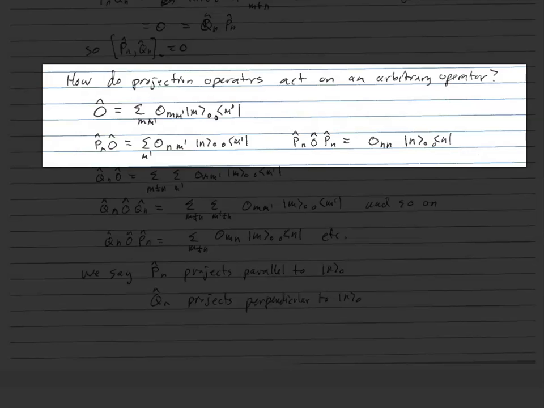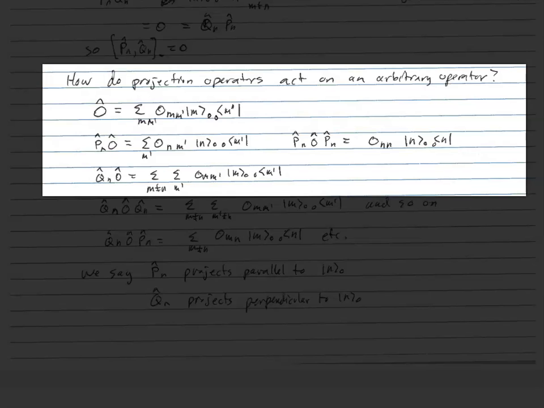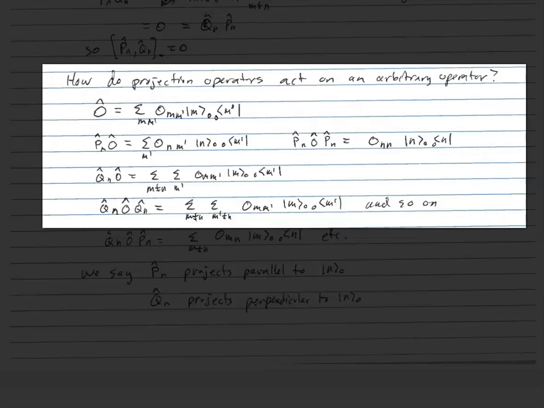If I hit with a Pn from the right, I will find that it is equal to O_{nn}|n0⟩⟨0n|. We can furthermore look at Qn acting on Ô. That's going to give me the set, but now my summation will be restricted for m's not equal to n. If I hit it with a Qn on the opposite side, I'm going to be restricted to the set where m' is not equal to n.